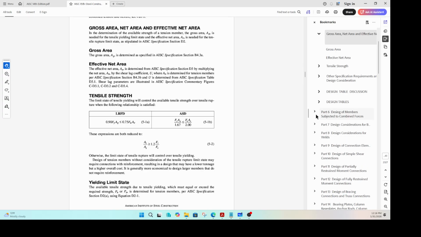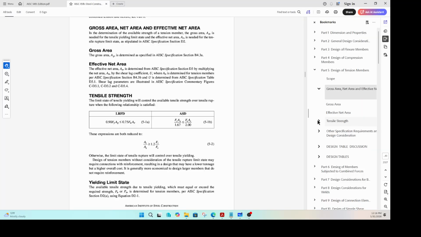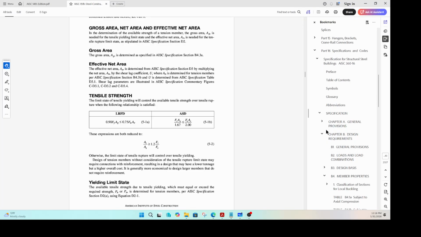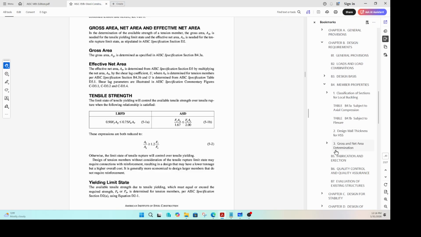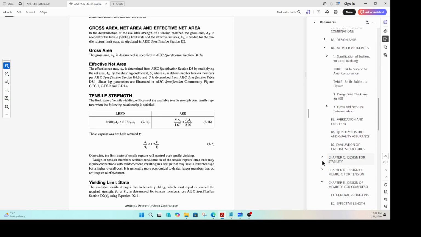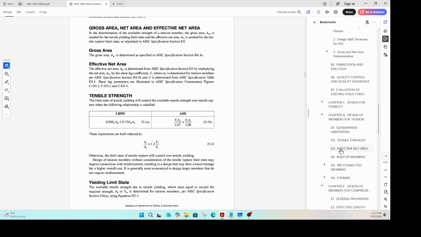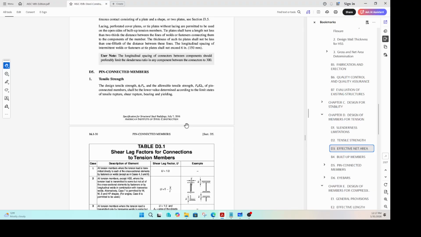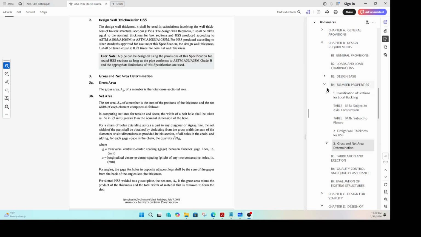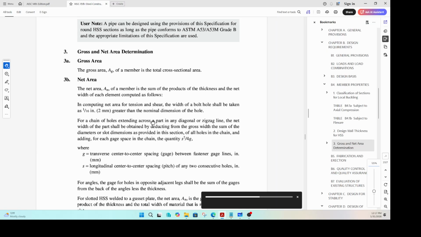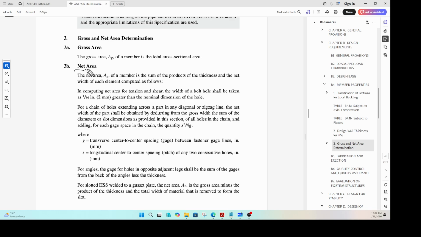But if you go to Chapter B, then properties, and this particular section B4, gross and net area, there's an interesting description about how net area has to be calculated.